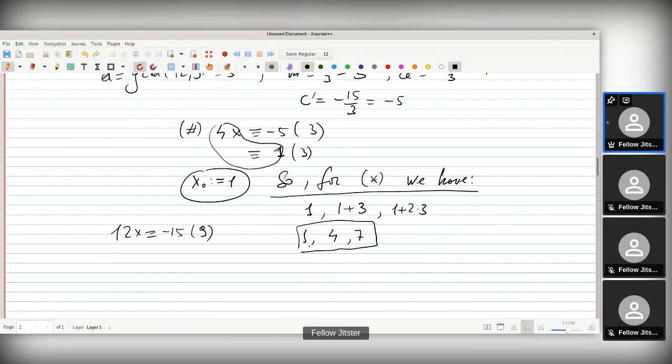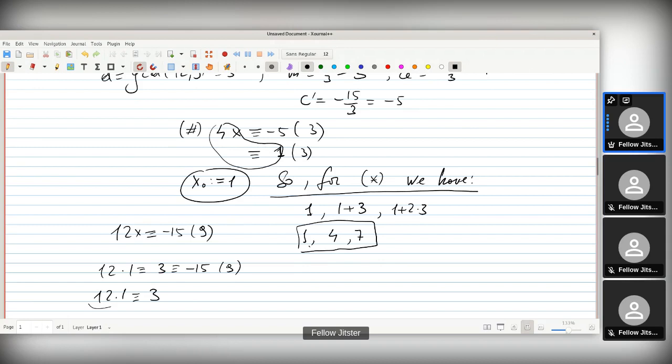Let us check that they are indeed solutions. For 1, it is quite clear. 12 multiplied by 1 is 12, which is 3, the same as -15 modulo 9. What about 4? 12 multiplied by 4 modulo 9, what is it? 12 modulo 9 is 3.